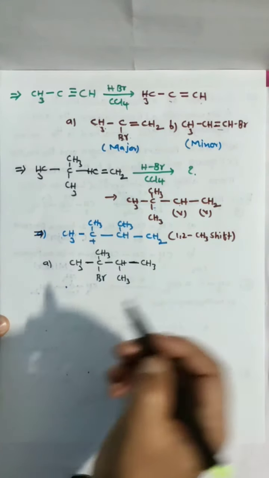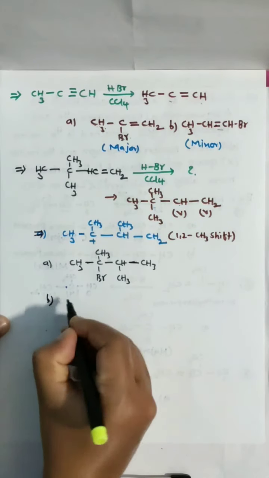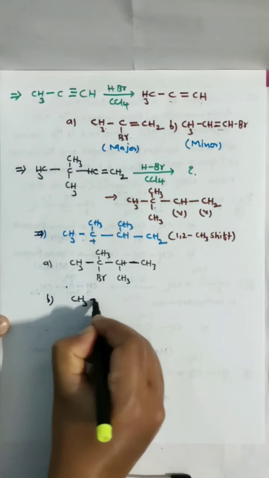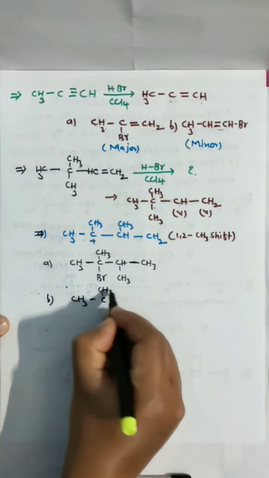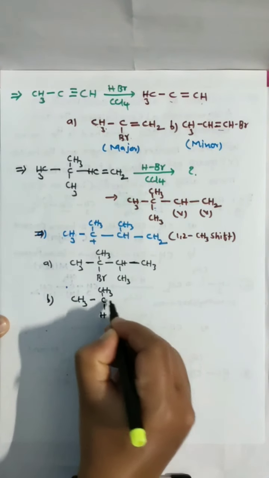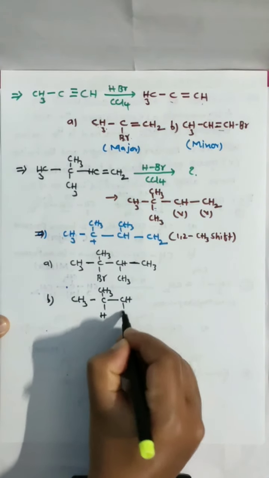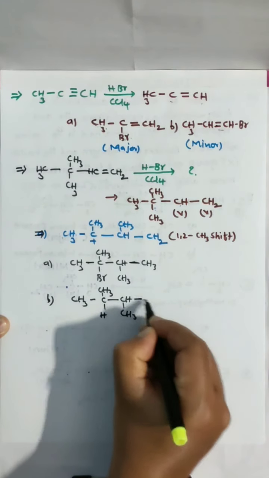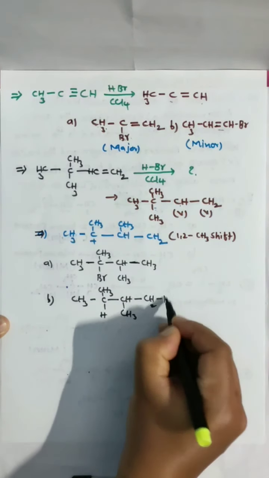This is one product you got. That is product number 2: CH3 bond C, CH3 bond hydrogen bond CH, CH3 bond CH2 Br.